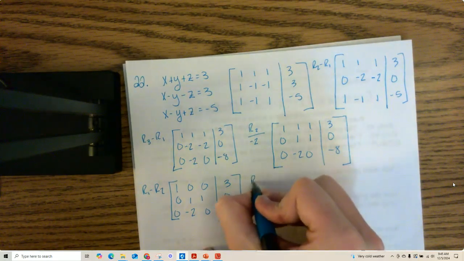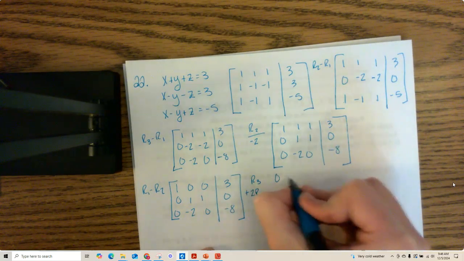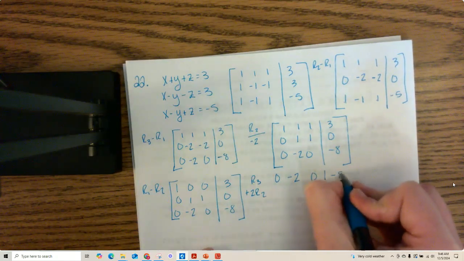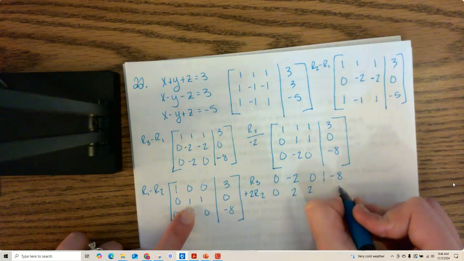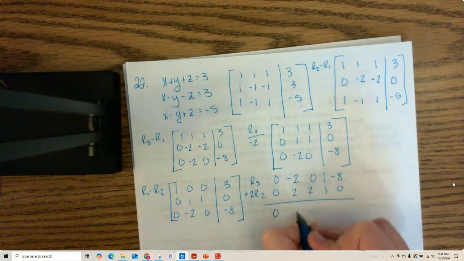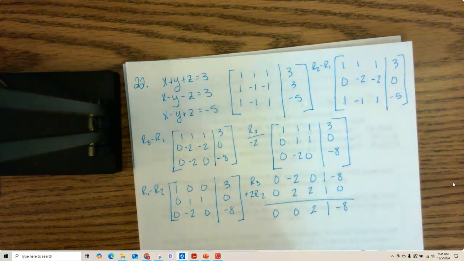Then we could do row 3 plus 2 times row 2: 0, negative 2, 0, negative 8, plus 2 times this, 0, 2, 2, 0. So that's a 0, that's a 0, that's a 2, that's a negative 8.